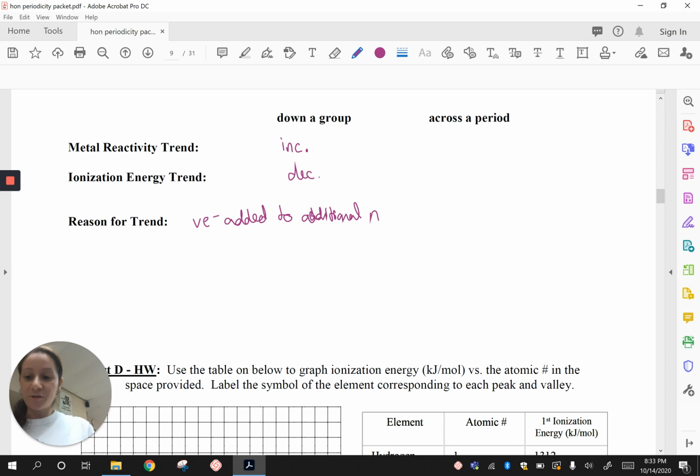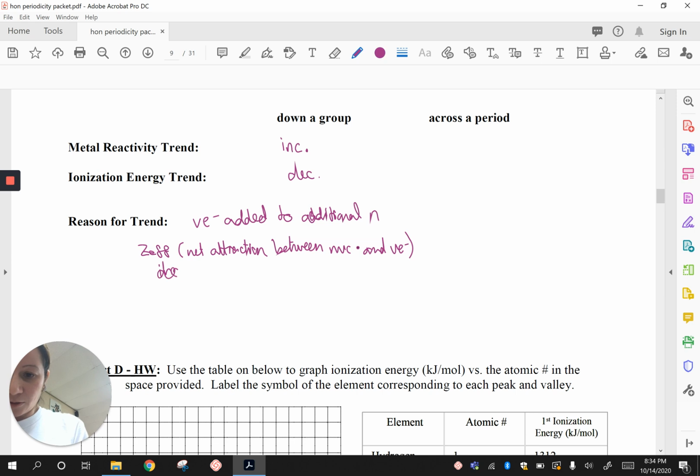So we talk about the valence electrons first. From there, we talk about Zeff. So because the valence electrons are added to new energy levels, they're farther away. So Zeff, which is the net attraction between the nucleus and valence electrons, decreases.